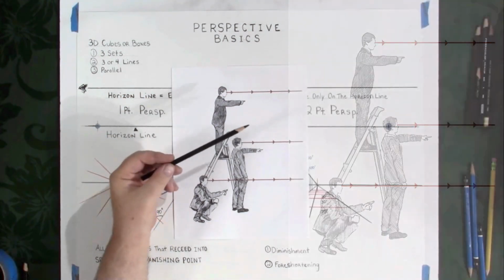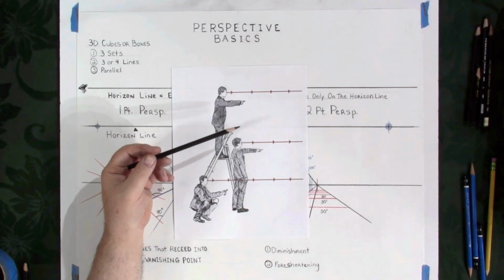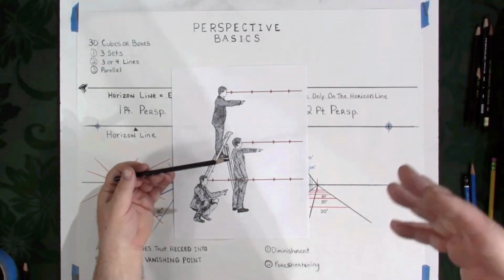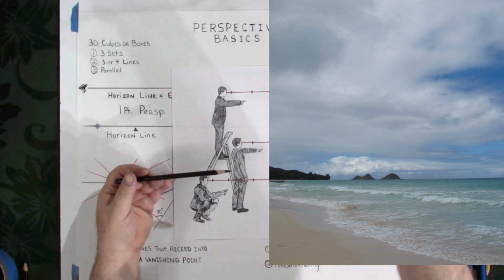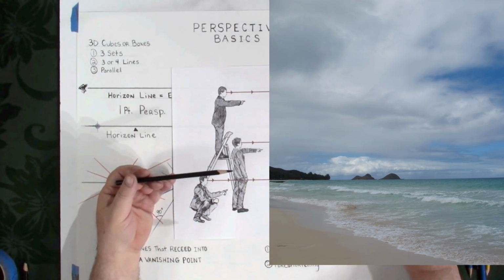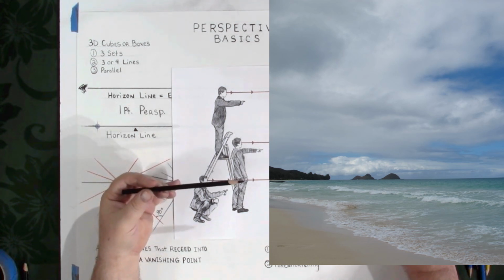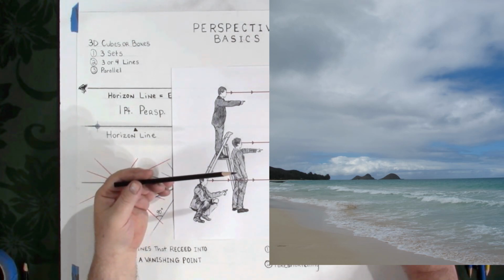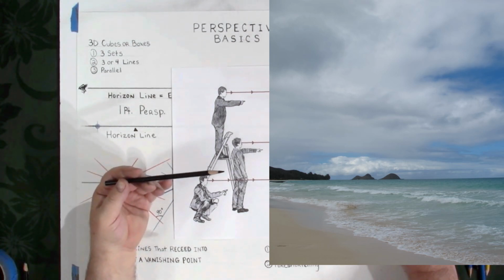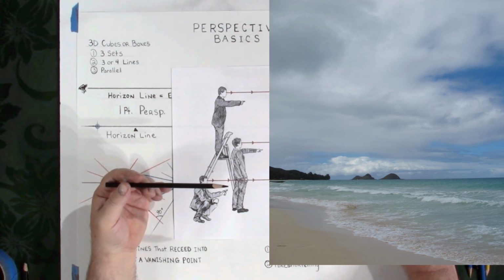And if you've ever been to a beach, it's very easy to see the horizon. You just look out into the water and you'll see, in the distance, where the water and the sky meet. And if you lay down on the beach with your chin in the sand looking straight out, so your eyes are like 5 inches off the ground, the horizon line would be 5 inches off the ground.